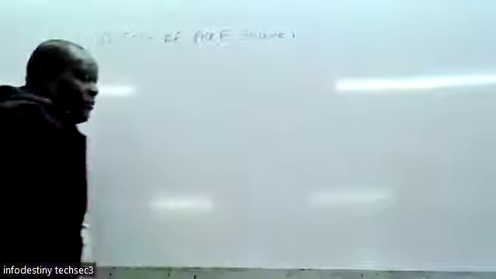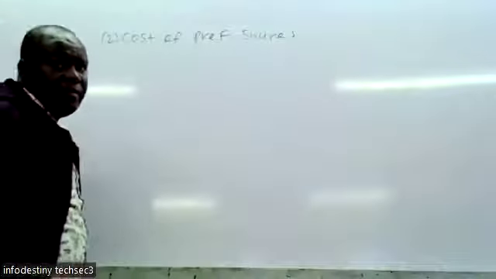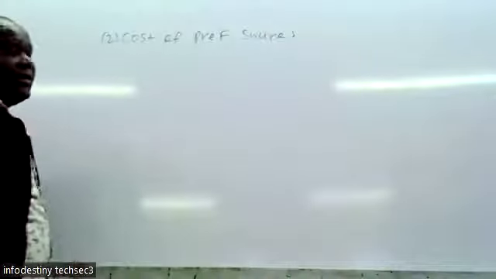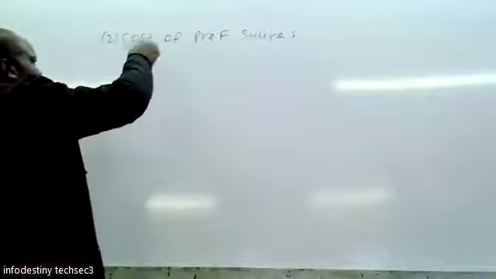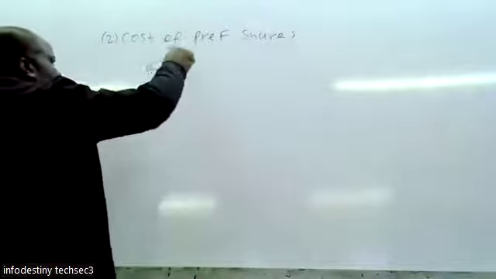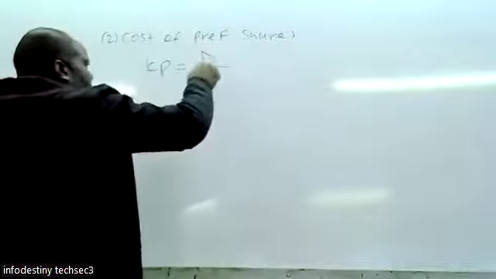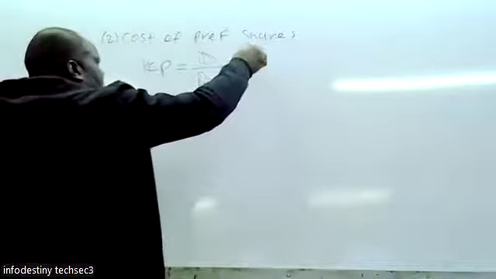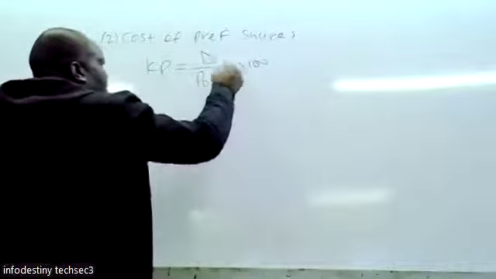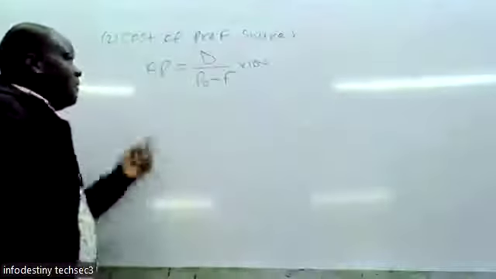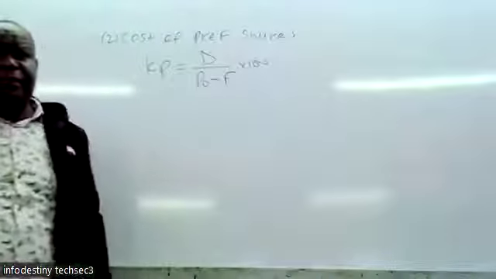Number two should now be the cost of the preference shares. The cost of the preference share is KB, which is given by D divided by P minus F. You express it as a percentage. So that's now the cost for the preference share.